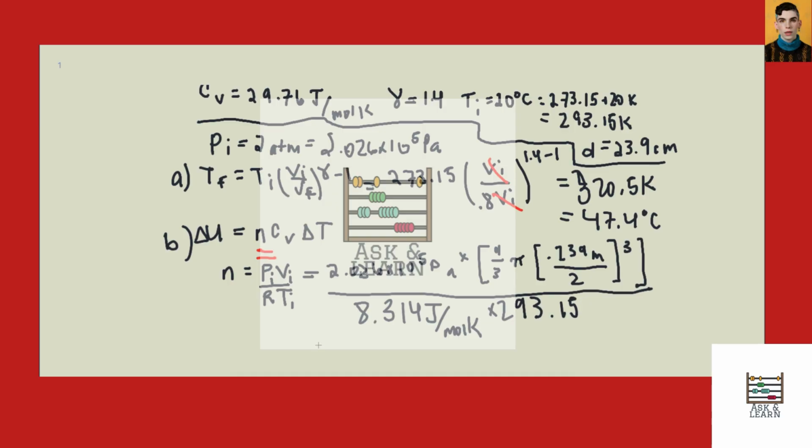Okay, great. So if you put this whole expression into a calculator, then you obtain that there was 0.594 moles of gas in the basketball, which is a reasonable number because moles are usually on the order of 1. So I'm going to go to the next page to keep going with this problem.